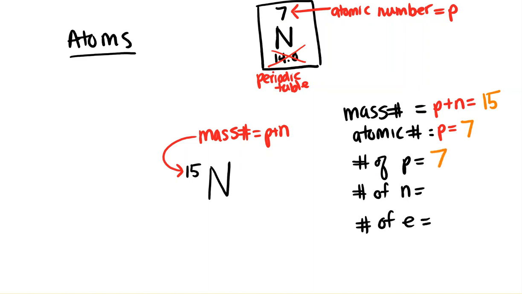and the number of protons, that's what atomic number means, is also 7. To figure out the number of neutrons, I use the fact that mass number is protons plus neutrons, and now I know the number of protons, so I can just subtract and figure out how many neutrons. Sometimes we write the number of protons over here because it's common.